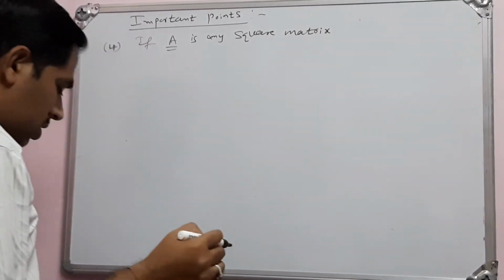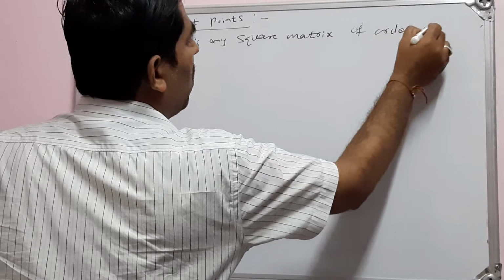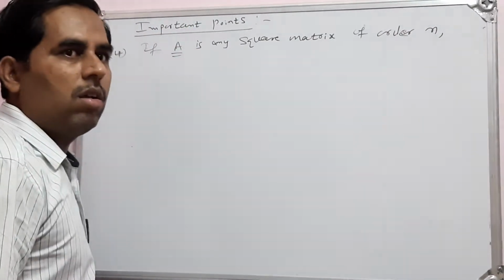The fourth point is, if A is any square matrix, so observe the point.